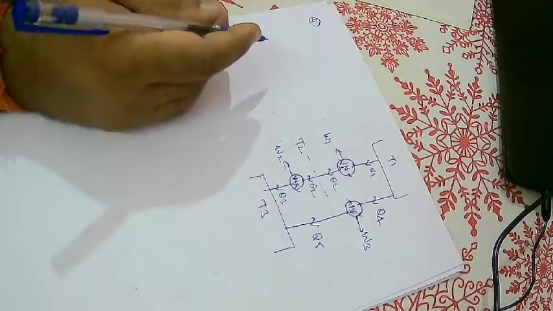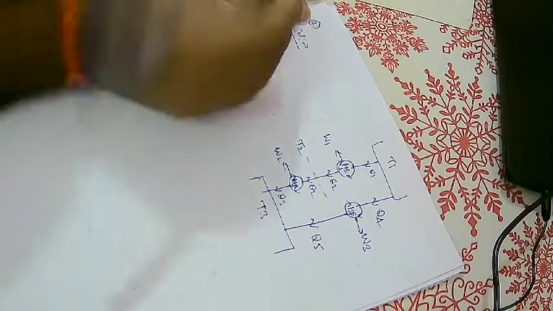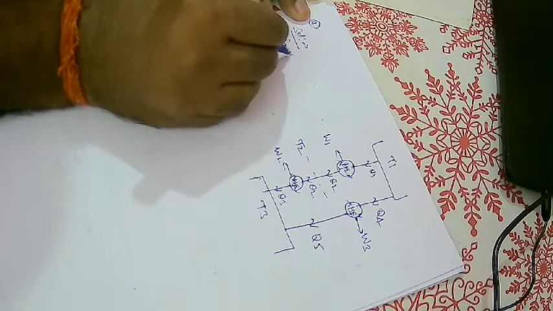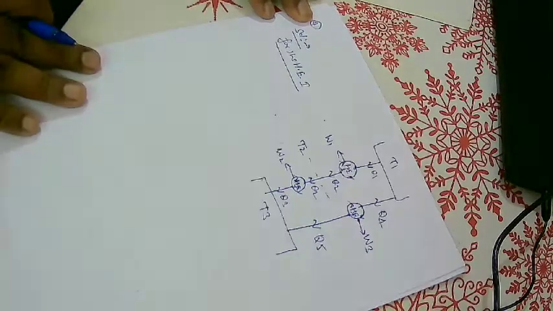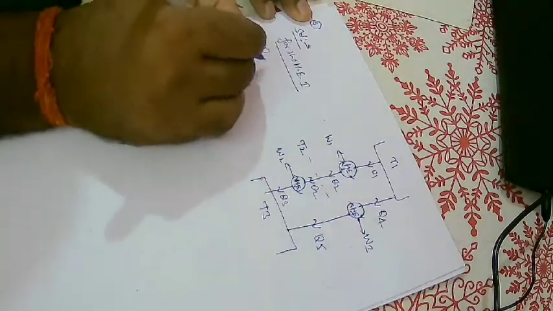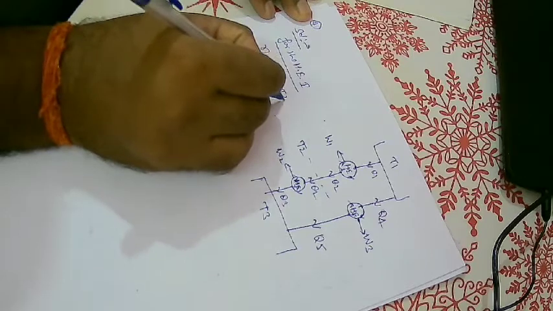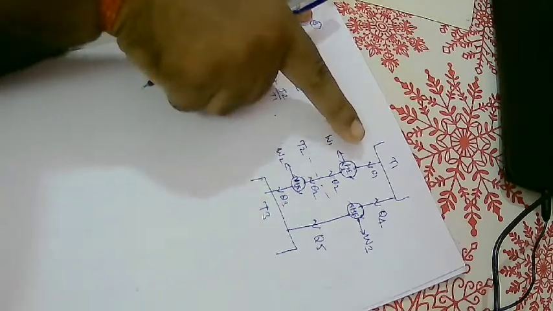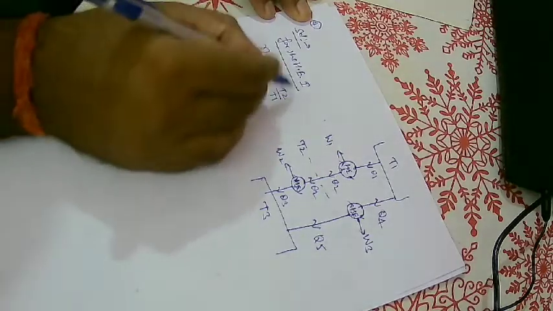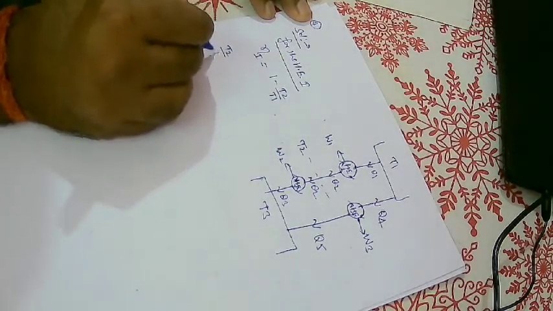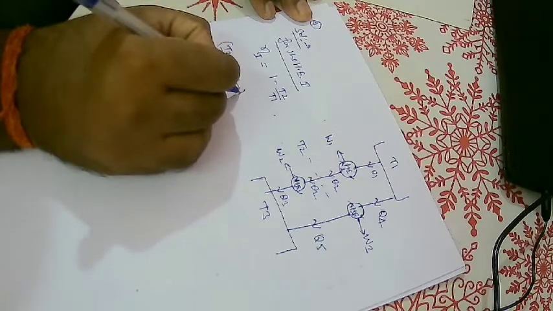So how to solve that? We will apply the second law. For heat engine 1, efficiency 1 is equal to 1 minus T2 divided by T1, because it is operating between T1 and T2. So T2 divided by T1 is equal to 1 minus efficiency 1.